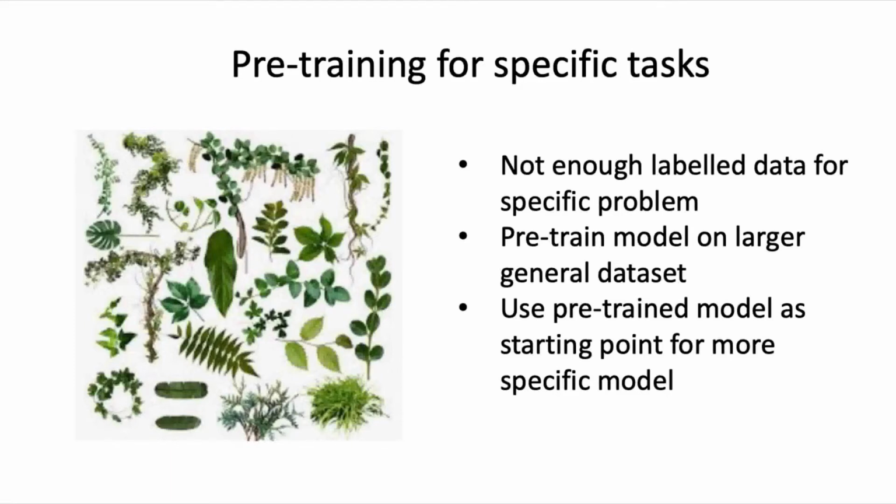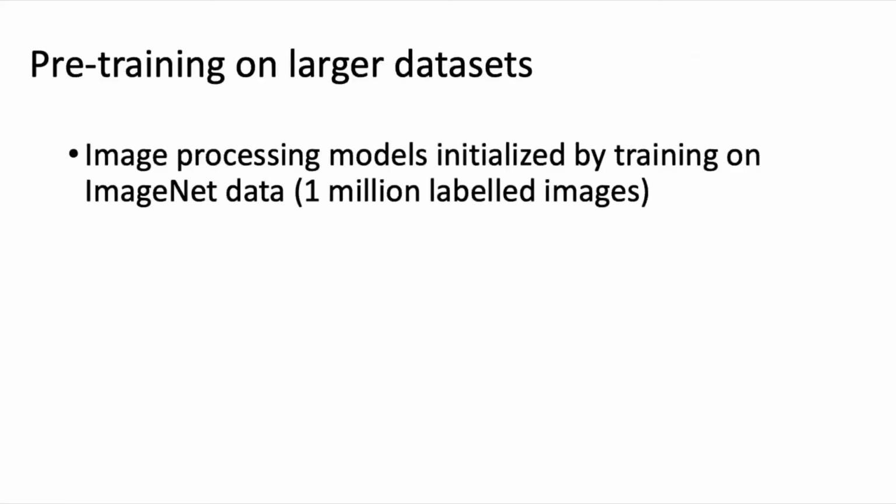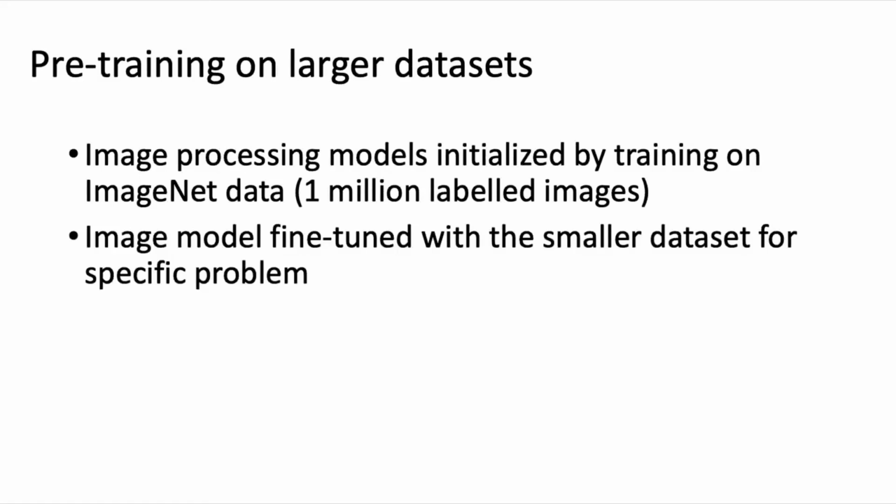By training on this larger, more general dataset, we come up with an efficient feature set that serves as a starting point that we can use for our second model that we want to solve a more specific problem, such as distinguishing between 60 different types of foliage. We can now solve our more specific problem with much fewer training examples because our model has been given a jump start in finding the efficient feature representations that it needs to solve the problem.